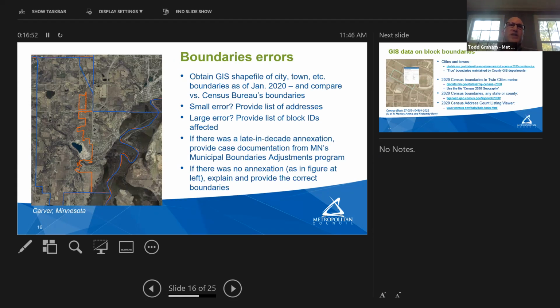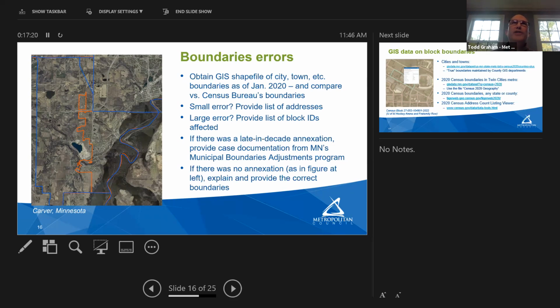If you can see this map, you might recognize this is the city of Carver, Minnesota, on the Minnesota River, and the county recognized and state recognized boundaries of Carver, Minnesota are the orange outline that you see in the map. And then the blue outline is what the Census Bureau thought the city boundaries were.